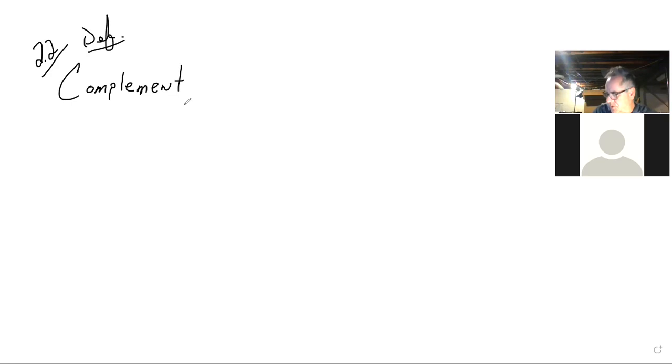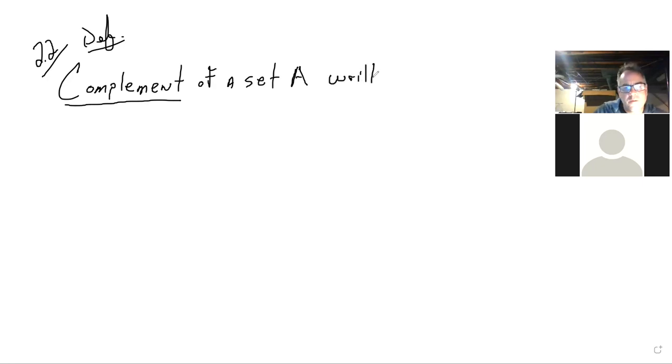Complement. So complement of a set, let's say, call it A. So complement of a set A, and the way we designate it is A, and up in the superscript, a prime mark.